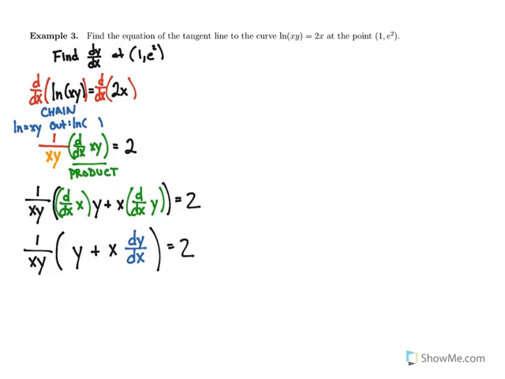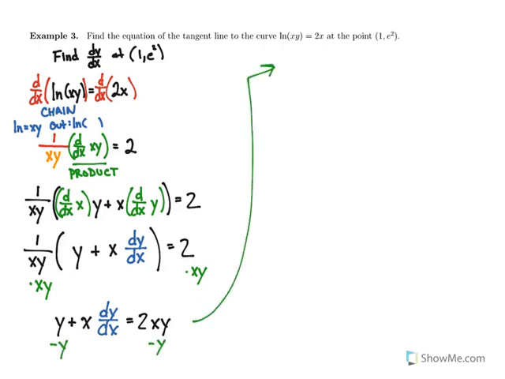So now I need to solve for dy/dx. And I think the best way to do this is to first multiply by xy on both sides. This will give us y plus x dy/dx equals 2xy. We will subtract y, move up here.